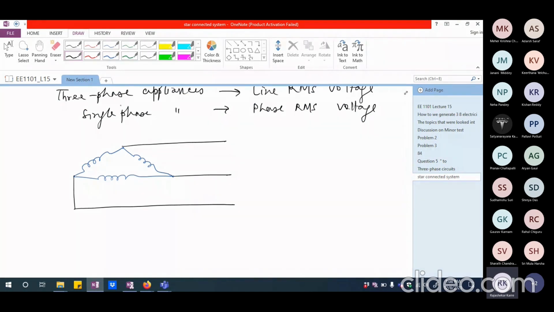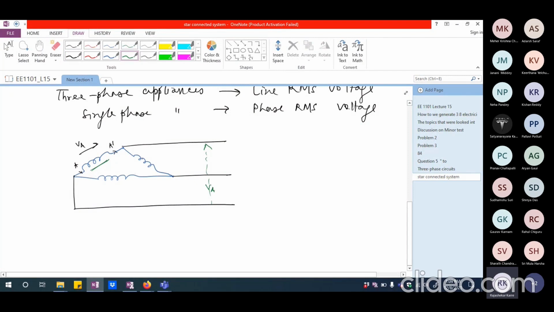So in this particular case, let us say this is A and this is A dash, and this is VA. If I look at the voltage difference between this point and this point, that is exactly the same thing that appears across this winding. So this will be VA, same as the phase voltage.